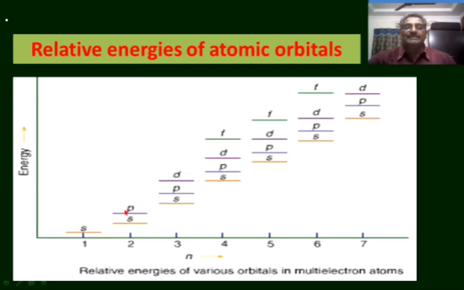The 3 p orbitals present in the p subenergy level are degenerate orbitals, but the energy of the s orbital in the second main energy level is less than the energy of the p orbitals in the second main energy level.